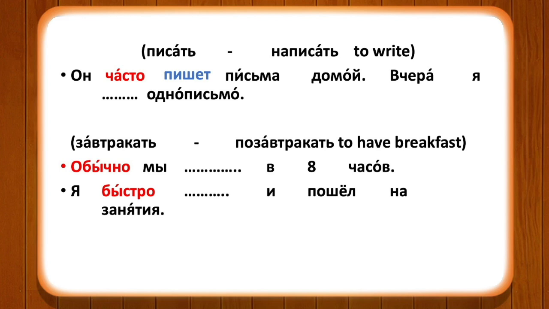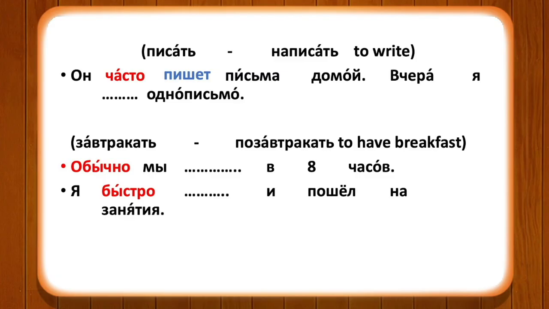In the next part of the sentence, вчера я dash одно письмо. Here, yesterday I wrote a letter indicates completion of an action. So to denote completion of an action, we use the verb of perfective aspect. Here the verb of perfective aspect is написать. So you will be conjugating the verb написать according to я and also paying attention to the tense. Here the adverb that is used is вчера, which means yesterday.